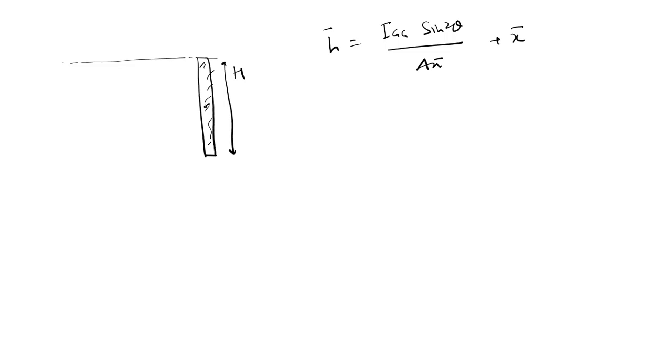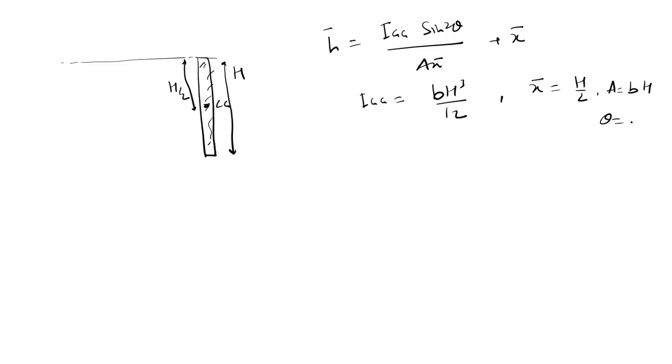What is the CG? The CG for this is H by 2. This is the CG. Igg, which we already know for a rectangle, is BH cube by 12. X bar equals H by 2 and A equals B into H.